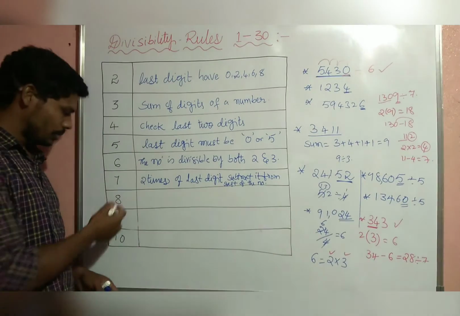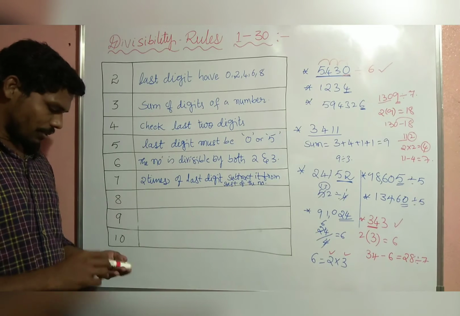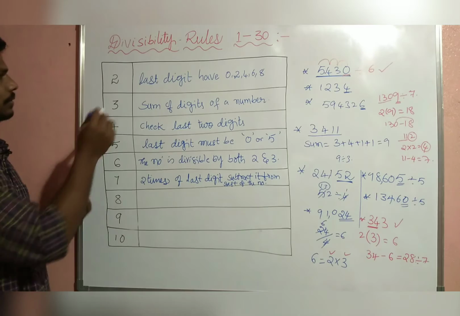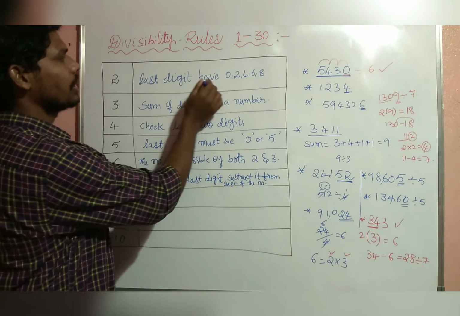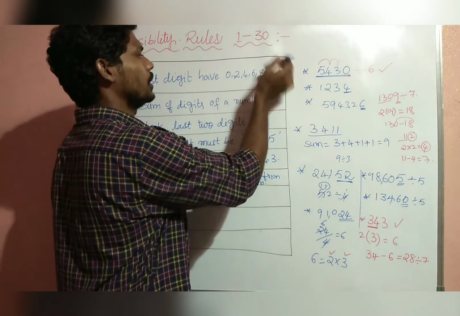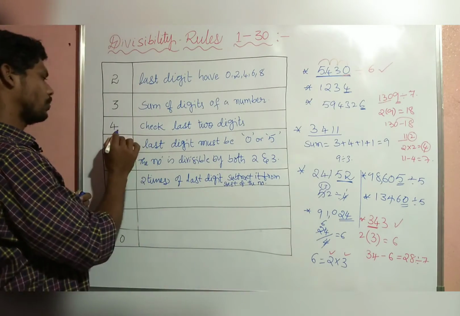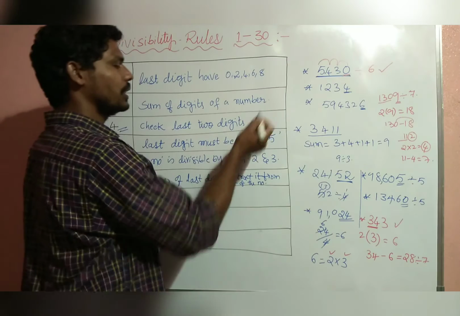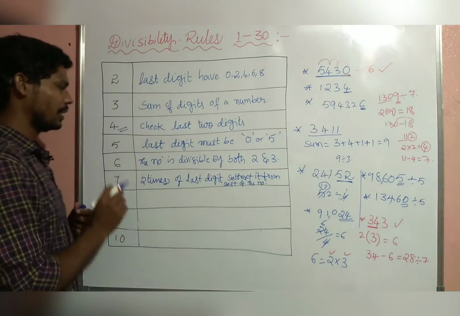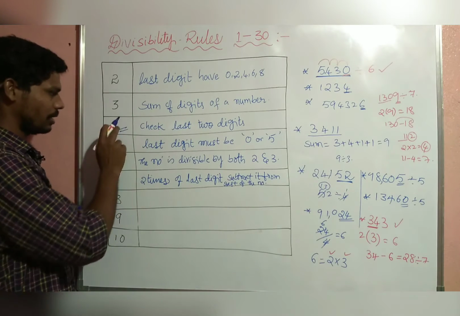Now come to the divisibility rule of 8. For 2, the last digit should be 0, 2, 4, 6, 8. Coming to 4, check the last 2 digits. If the last 2 digits are divisible by 4, then the given number is also divisible by 4.